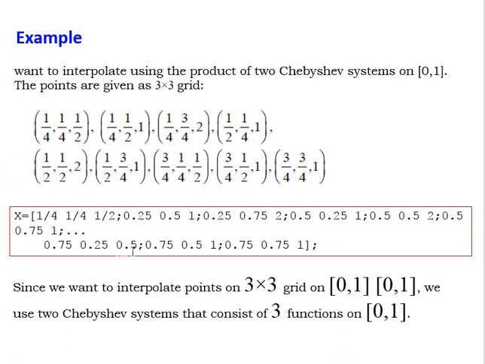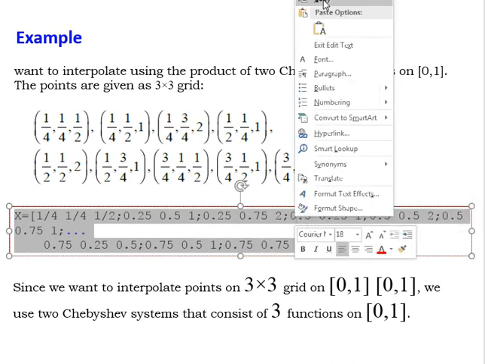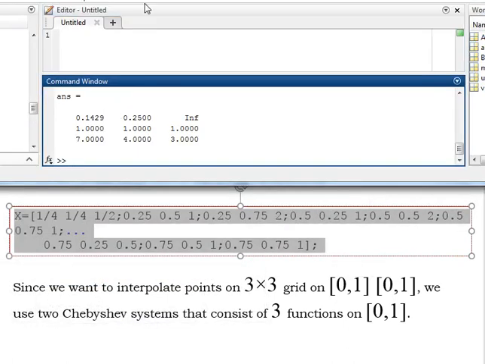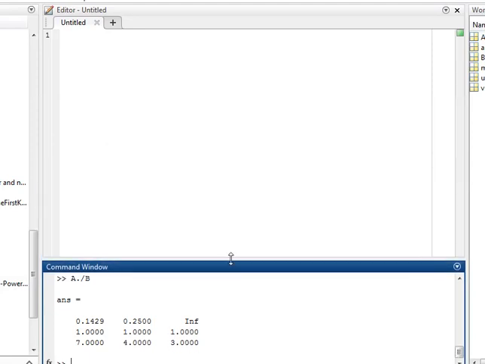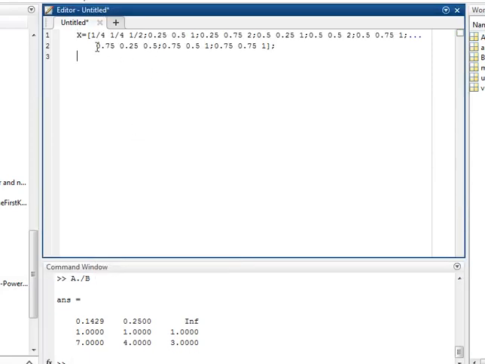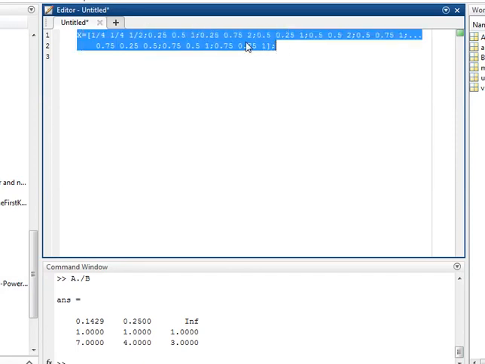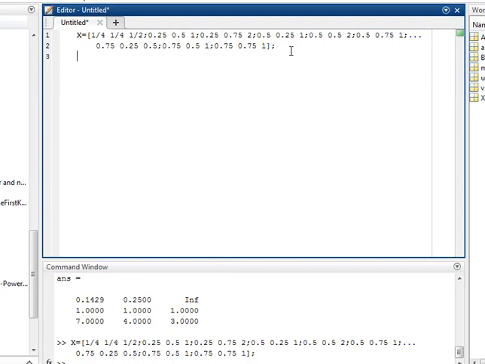So first, let us take this line of code and put it in Matlab. We'll execute this. Okay.